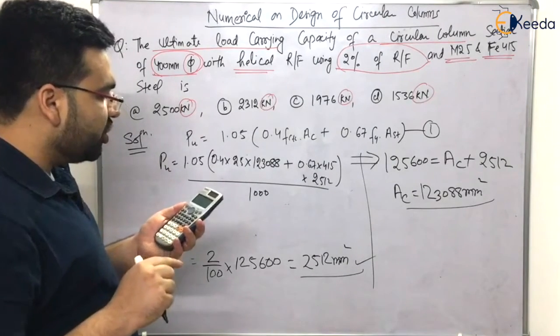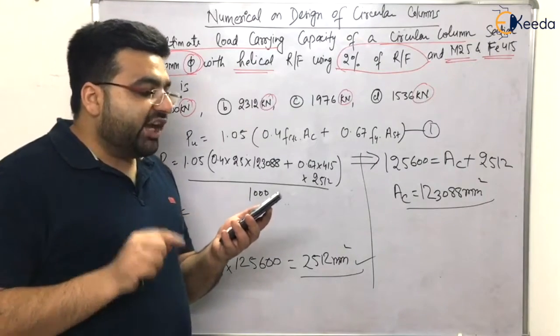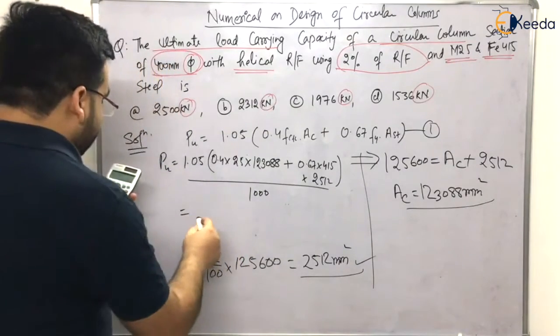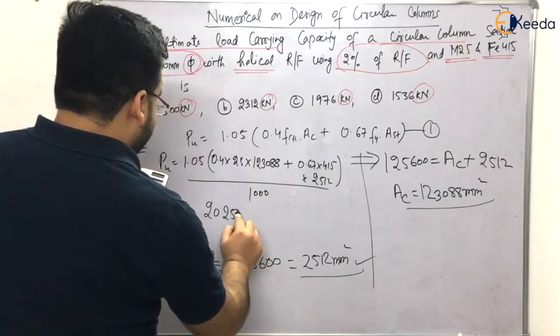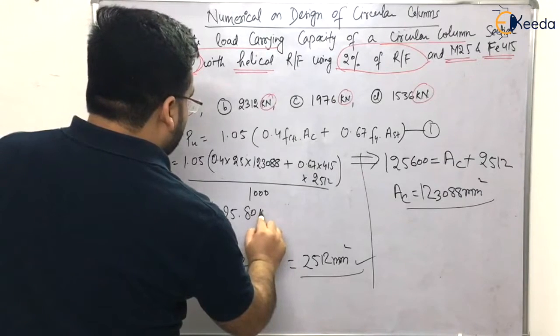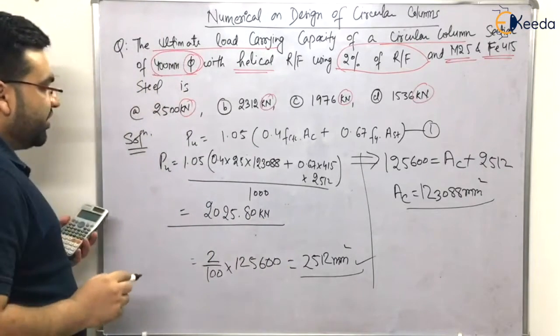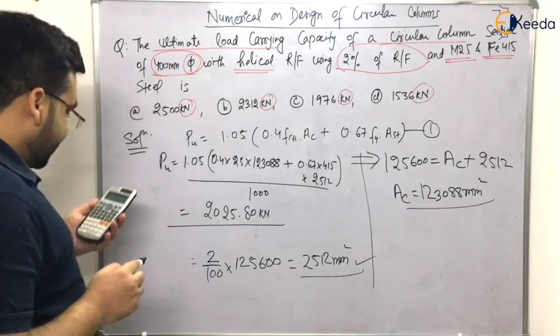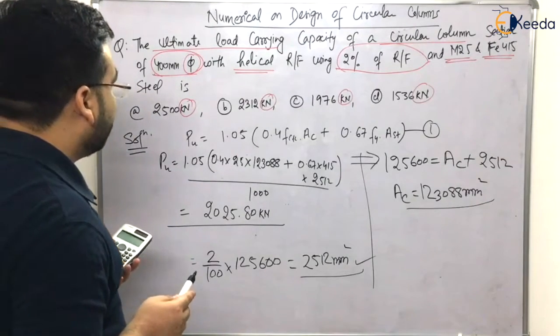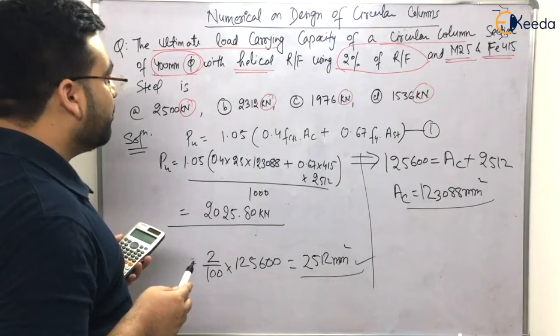So I am getting 2025.80 kilonewton. I hope everybody is getting the same answer. Which option has the nearest value? 2025.